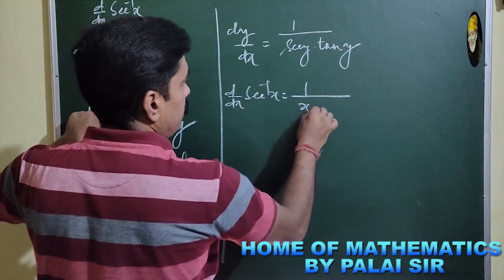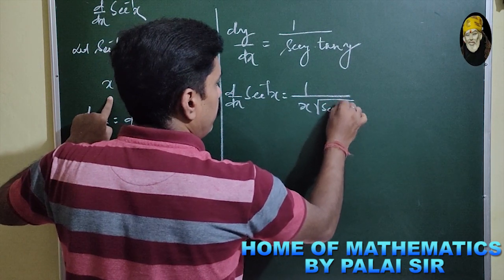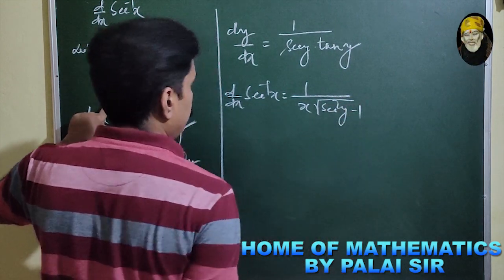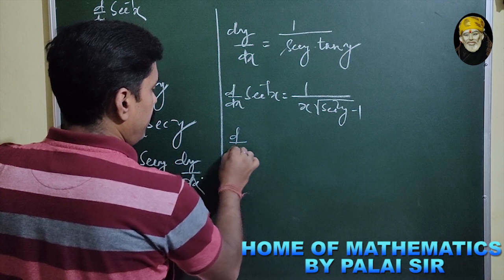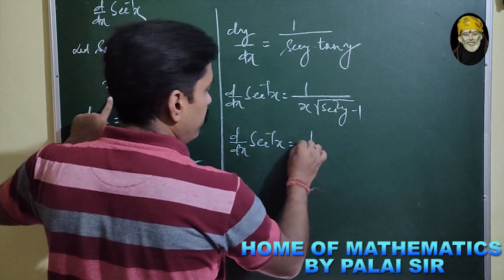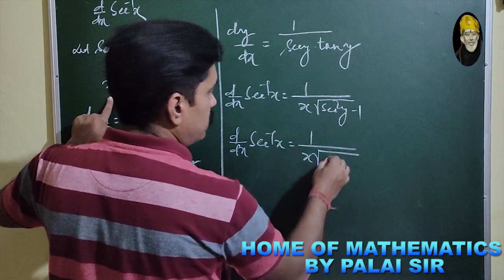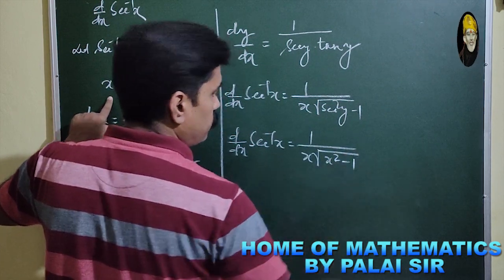This is x. Tan y can be written as square root of sec square y minus 1. So finally you are getting dy/dx of sec inverse x as 1 by x into square root of sec square y minus 1, that is x square minus 1.